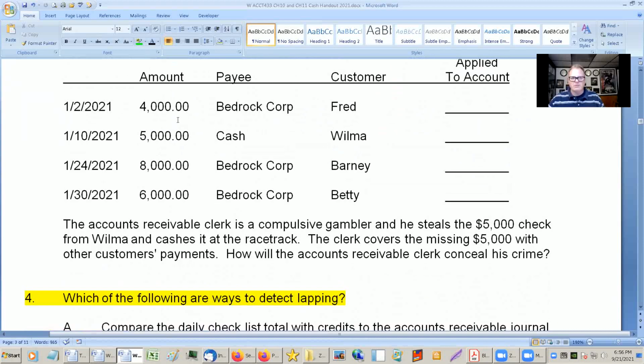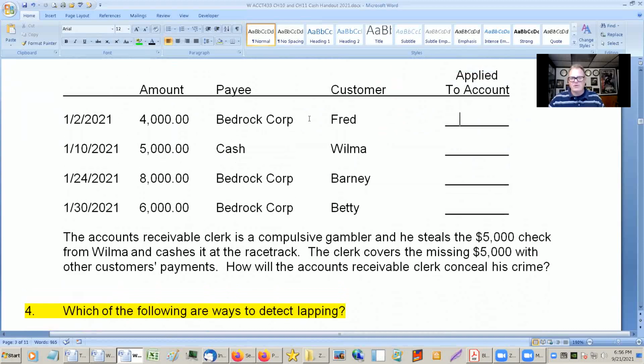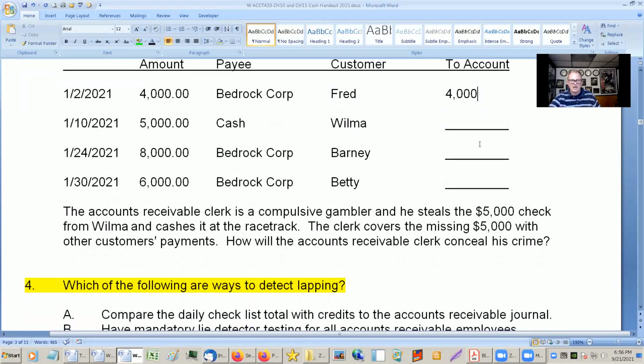So here's what happened. In a normal account, Fred writes a check to the Bedrock Corporation, and the entire amount gets applied to the Bedrock Corporation. That's the normal way this would happen. Now, Wilma sends a check and makes the payee cash.